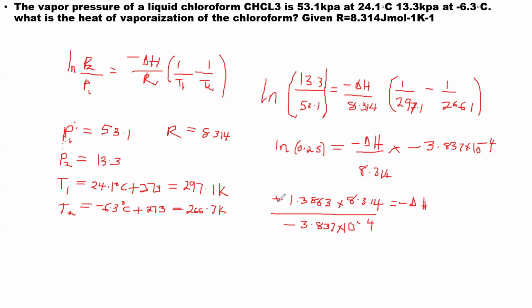So this times this divided by this, we are now going to have 1906 kilojoule per mole. And of course the minus will come in, so we have minus 1906 kilojoule per mole. And this is the answer for question B.